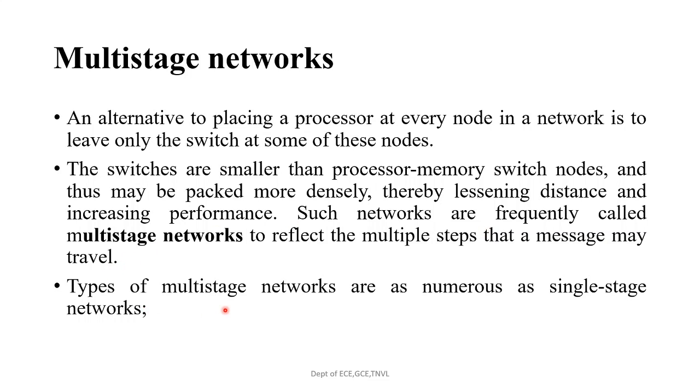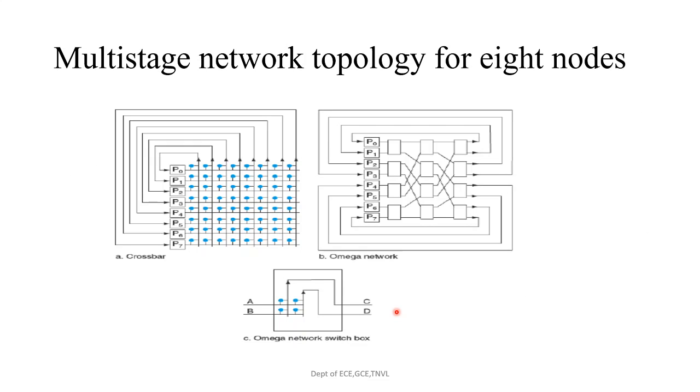The types of multi-stage networks are as numerous as the single stage networks. This figure illustrates two of the popular multi-stage organizations: one is the crossbar network and the other is the omega network.